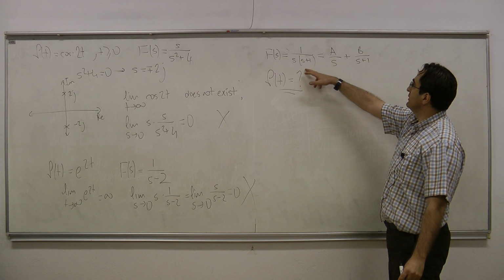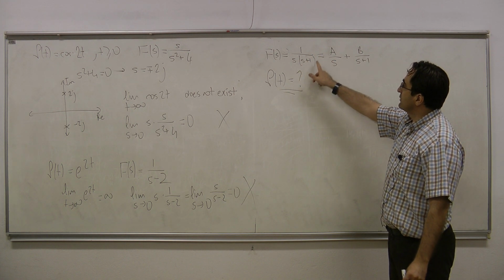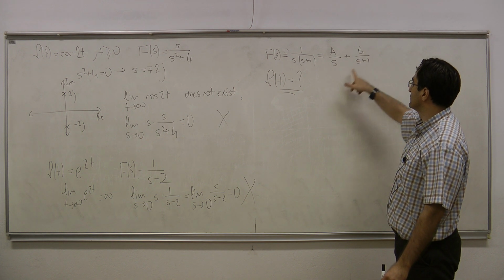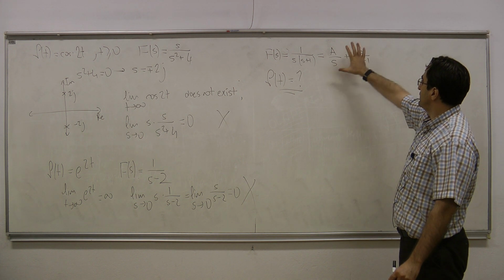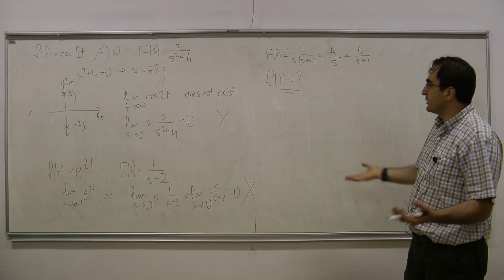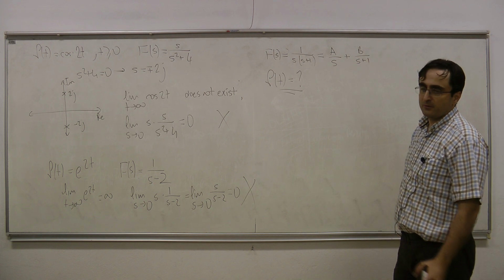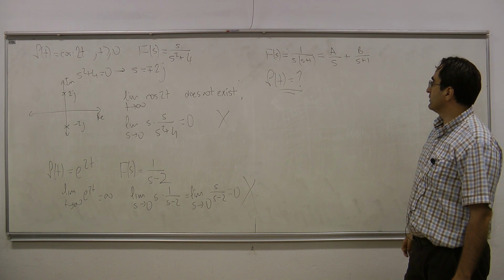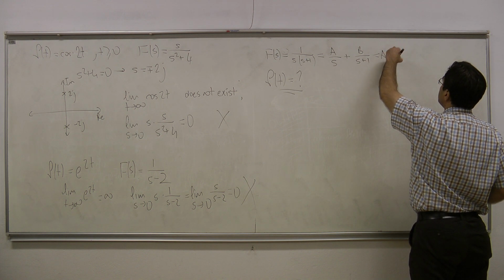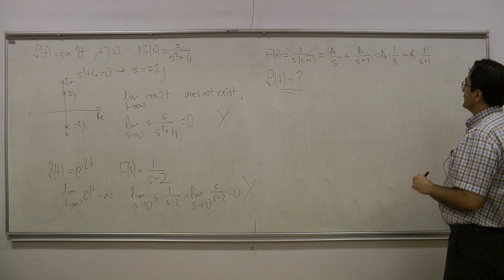There is an equality here, and instead of taking the inverse Laplace transform of this complicated term, I'm going to take the inverse Laplace transform of this one. But can I find the inverse Laplace transform of this summation? The answer is yes, because these are the very Laplace transforms that we have found in this lecture. So this is a times 1 over s plus b times 1 over s plus 1.